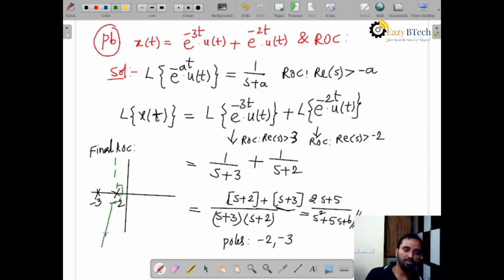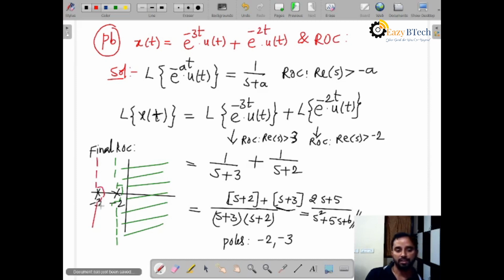The first one is greater than minus 2, in green color. And another one is greater than minus 3, I am doing it with red color.